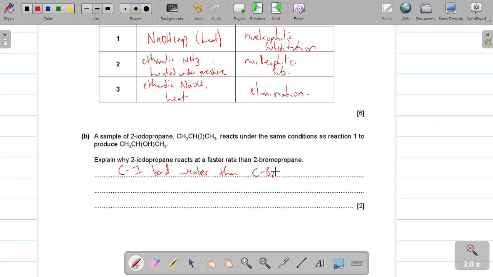And what this in turn implies is that the activation energy of the reaction is less, in the case of the iodine compound. So because the C-I bond is weaker, it means the bond breaks more readily, and this in turn reduces the activation energy of the reaction, so the hydrolysis occurs faster.